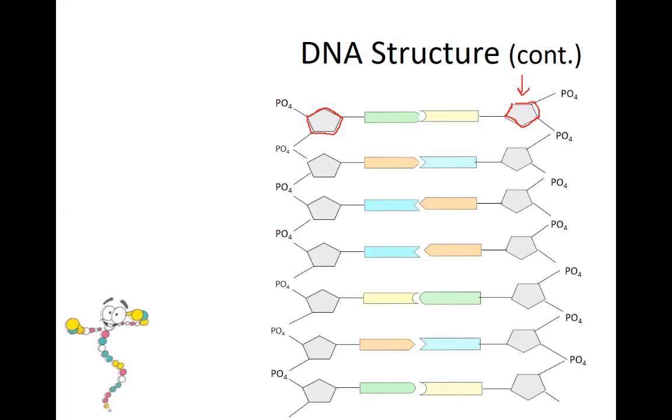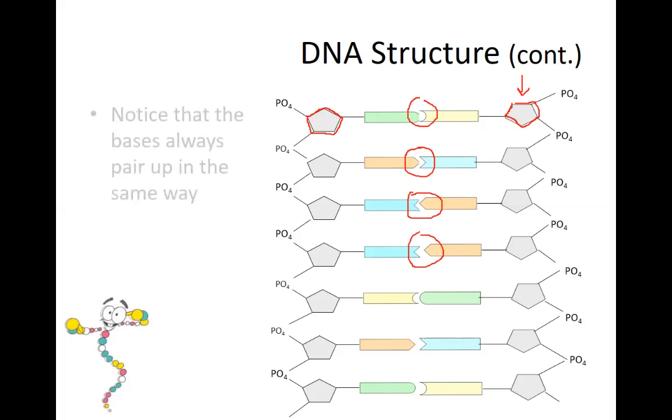This is important to understand that the DNA molecule actually is going in opposite directions depending on which side you are on. And that these bases are always going to pair up in a predictable fashion where one section is going to match up with its complementary. So we'll have adenine with thymine and cytosine with guanine. Okay?